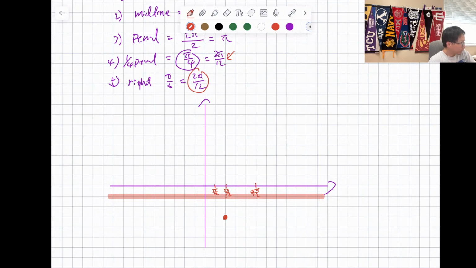Is that okay? So if I start at 2 pi over 12, I'm going to hit the midline. And 3 more spaces, I'm going to go up 2 units. And 3 more spaces, I'm going to come down 2 units. And then it's going to be here, here, here, and here. So the graph's going to be something like this.